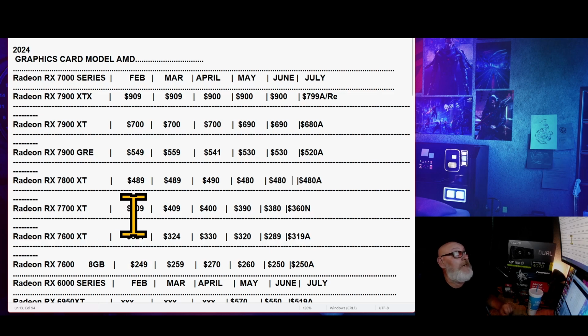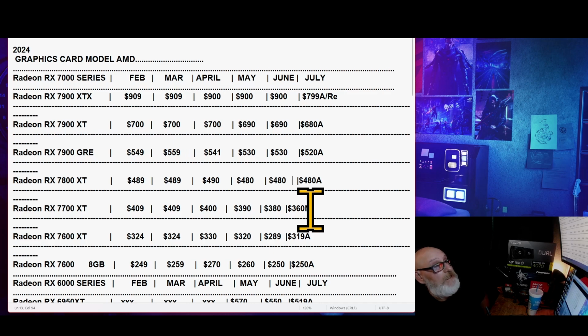February was $489. March was $489. April was $490. May was $480. So it looked like it was stable, then it went up, then it came back down and stayed stable at $480 in June. Now July, it's $480 again, and it's on Amazon. So it looks like it's staying consistent for the last few months, and it doesn't look like there's a price shift anywhere there.